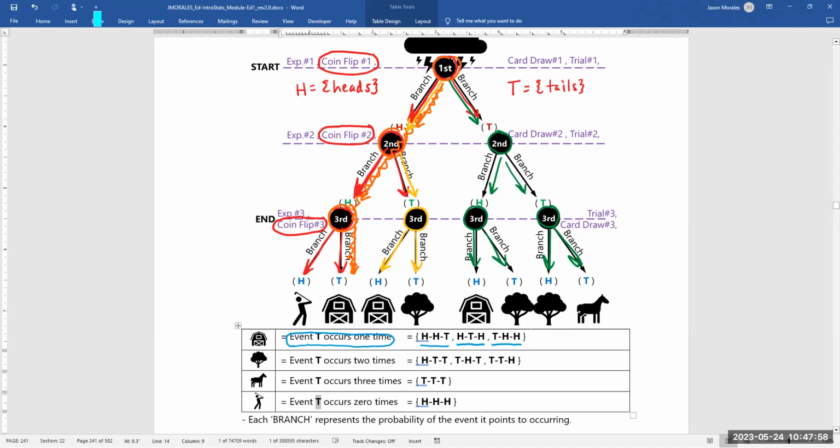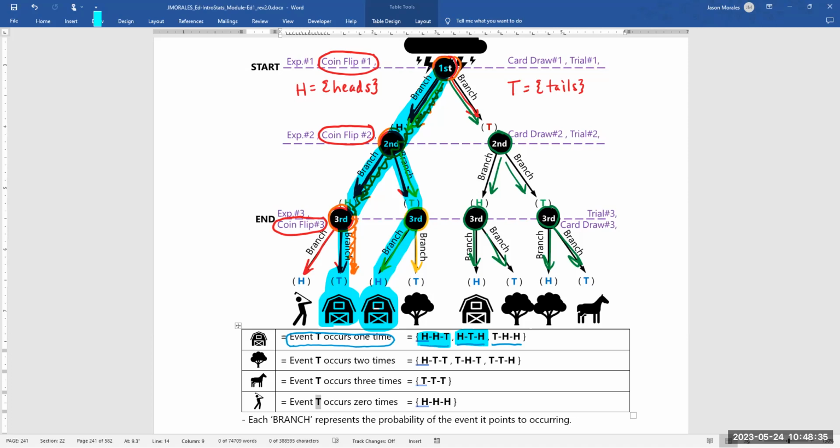So we could have had heads in the first coin flip, heads in the second coin flip, but then tails in the third. So this option right here is heads, heads, tails. And let's see, how about heads, tails, heads? So again, that would have been heads in the first coin flip, tails in the second coin flip, and then heads in the third coin flip.